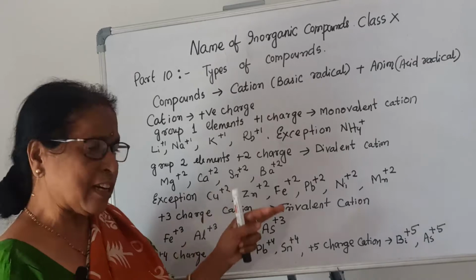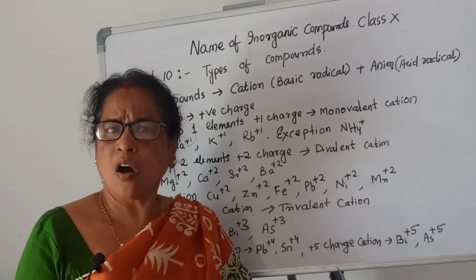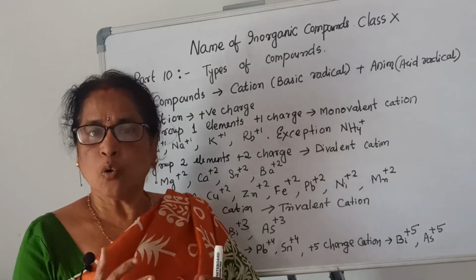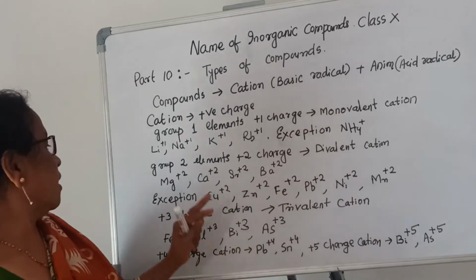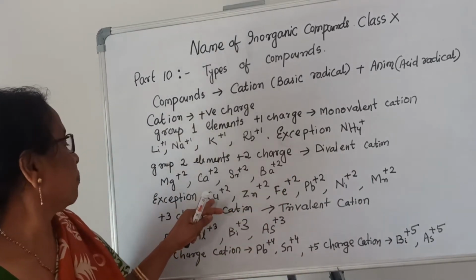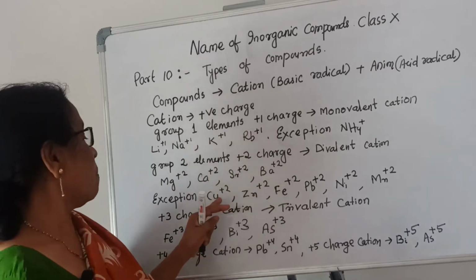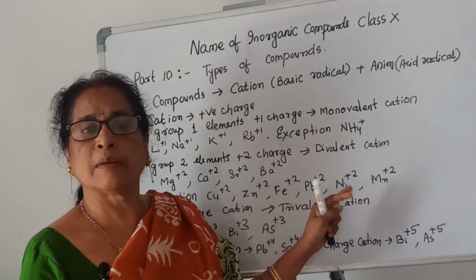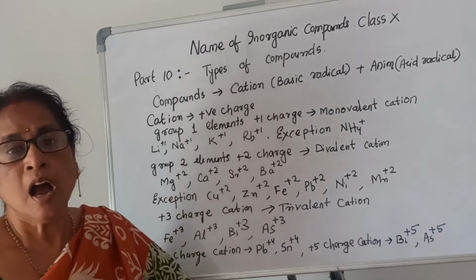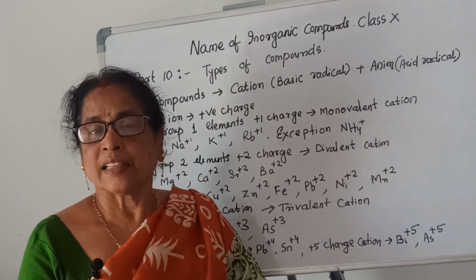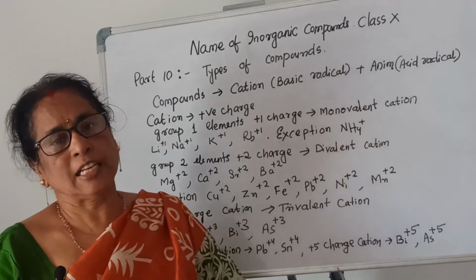Now, second group elements have a +2 charge, except that there are some exceptions. Cu, Zn, Fe, these elements, copper, zinc, iron, lead, nickel, manganese, are known as transition elements.